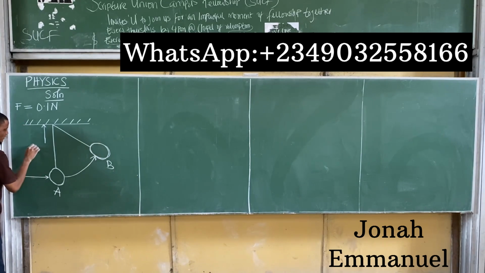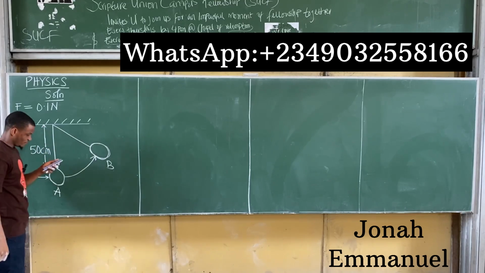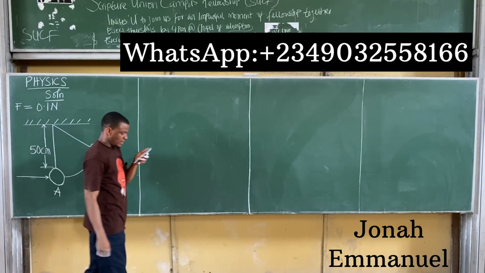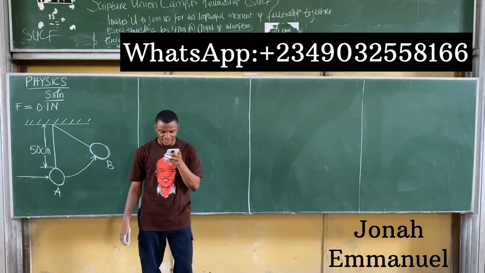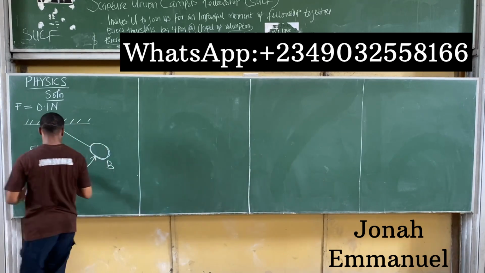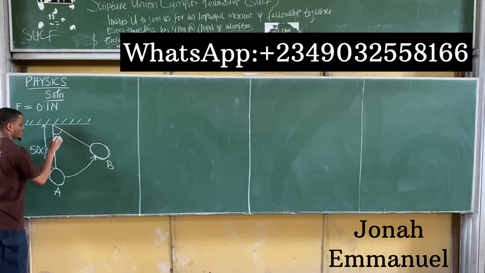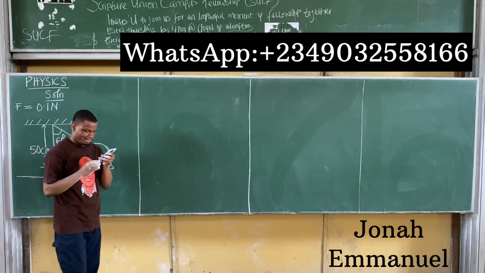So this is 50 cm. That becomes the length of this string. What next? Next, they say the angle is 60 degrees. So this angle covered here is about 60 degrees.